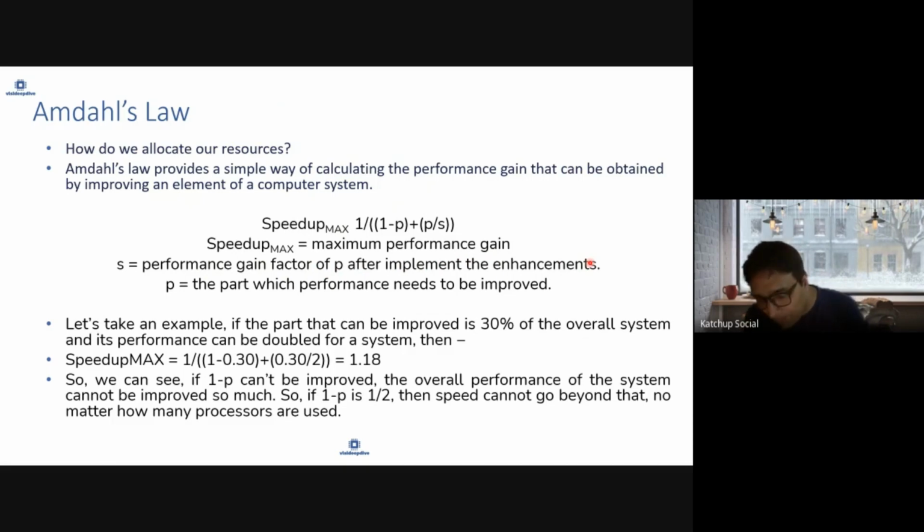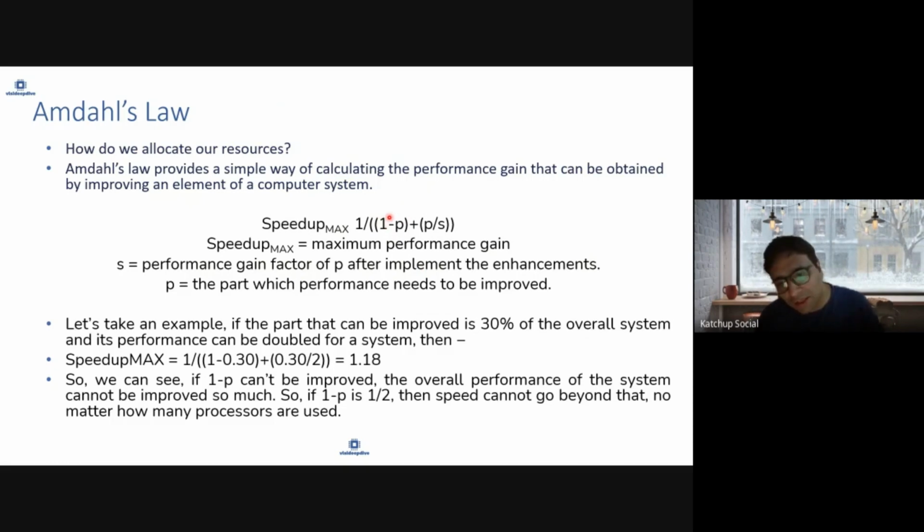P is the part for which you are improving the performance, and 1 minus P is the part which is not impacted by it.